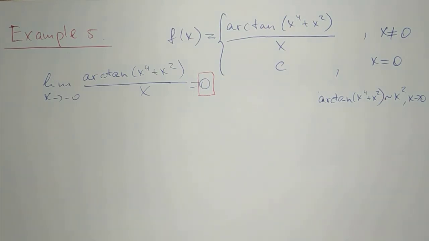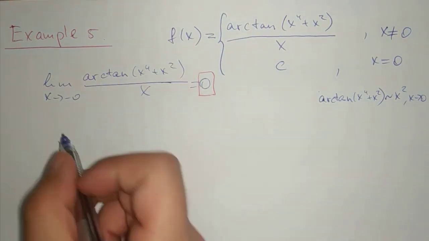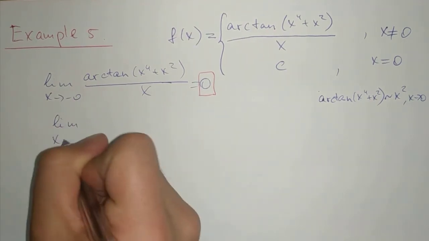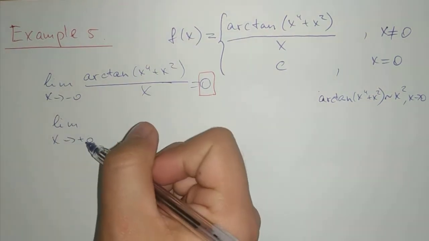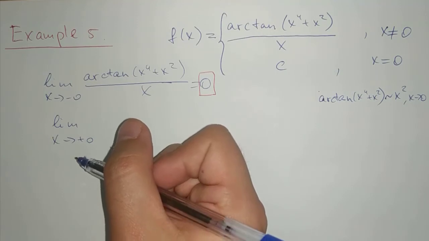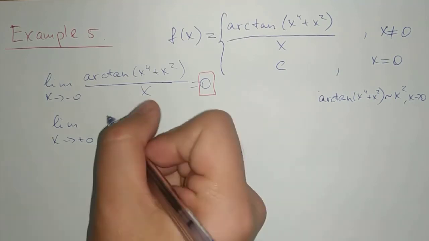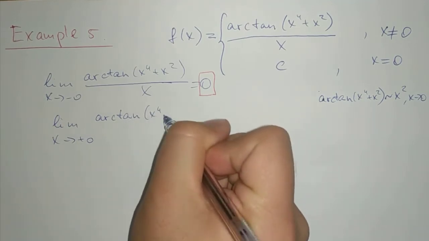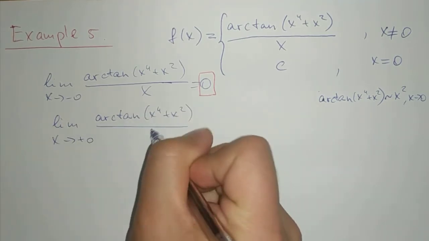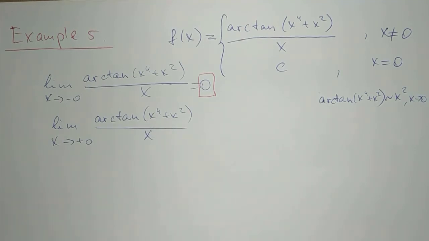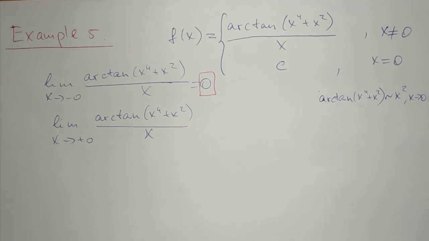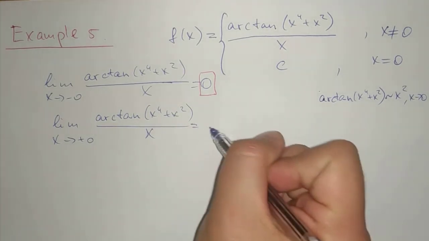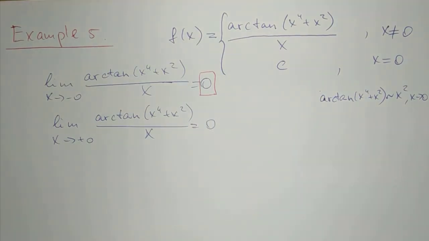And now let's find the right side limit, and they should be equal. Limit as x tends to plus 0 of this function, arctangent, again, of x fourth plus x squared over x. So this is also 0. The right side limit is also 0.